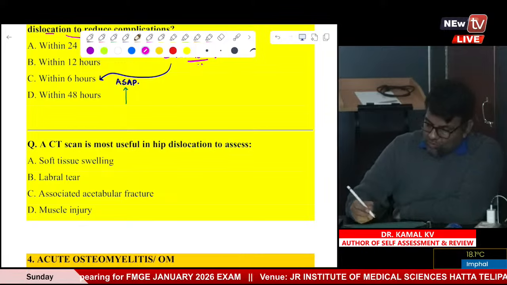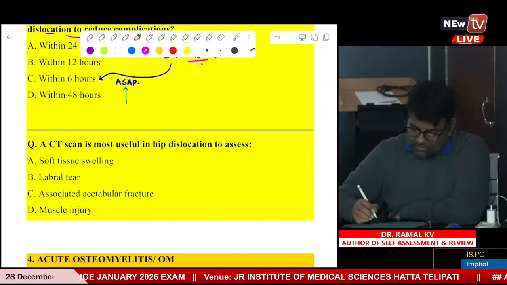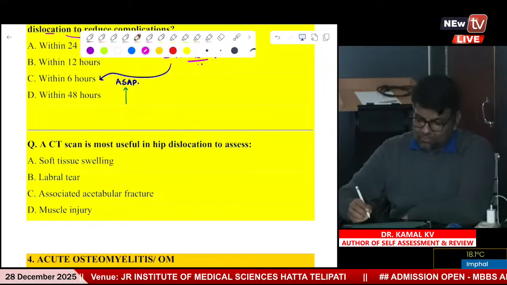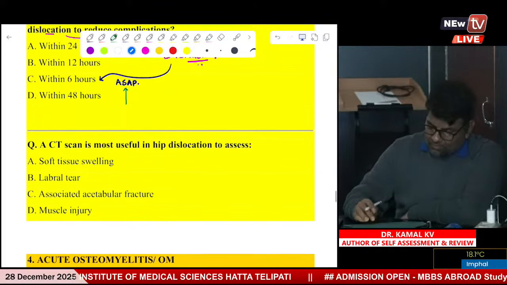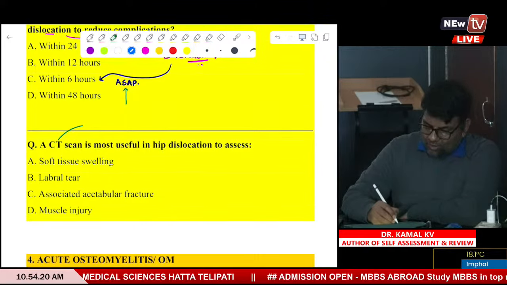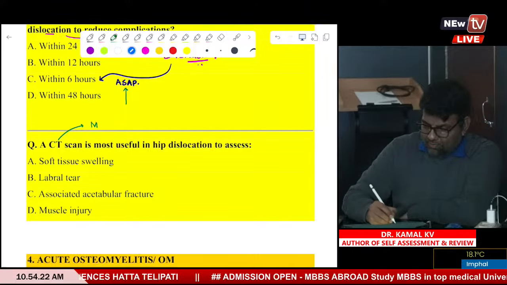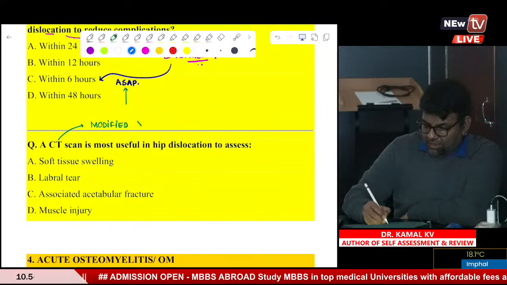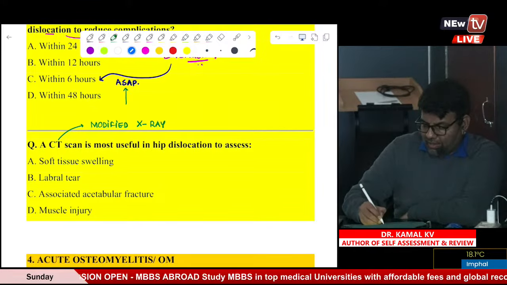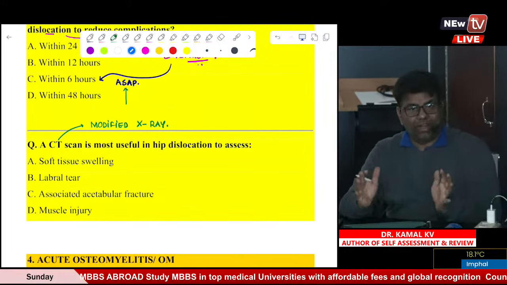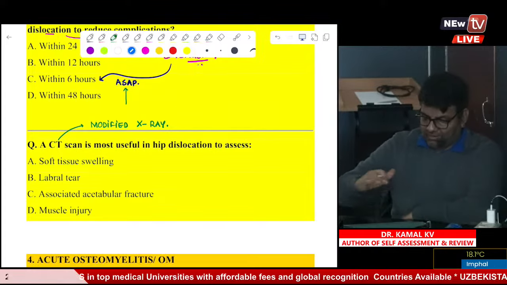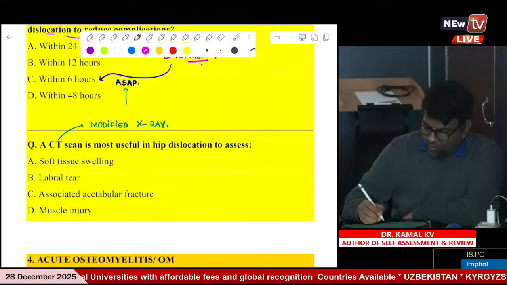CT scan is most useful for what? Remember, CT scan is a modified X-ray. CT scan is nothing but a modified X-ray. We can take views in multiple planes, right? So what do we see on X-ray?